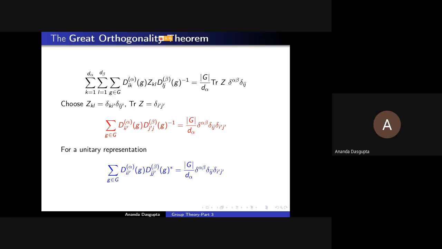Notice that there are three sums here. One is the sum over g, and then we have sums over i and j. But I am summing d ii alpha g over i and d beta jj g star over j. So what is the product that you get on the left?